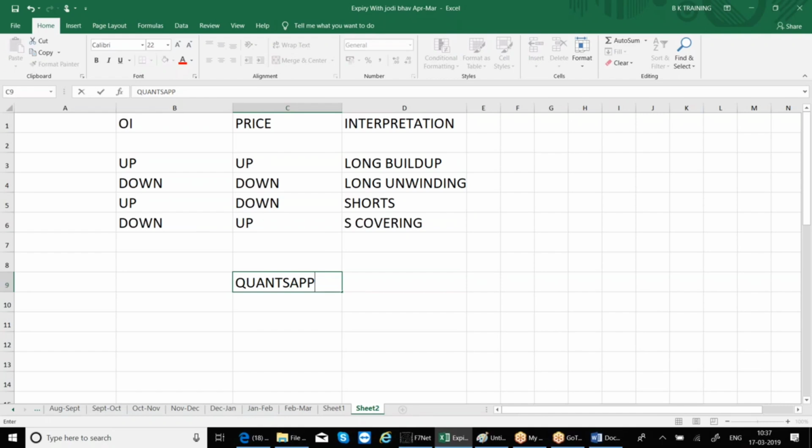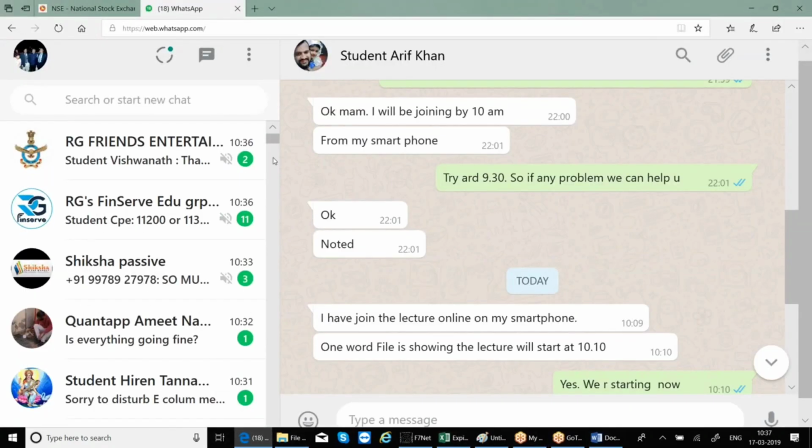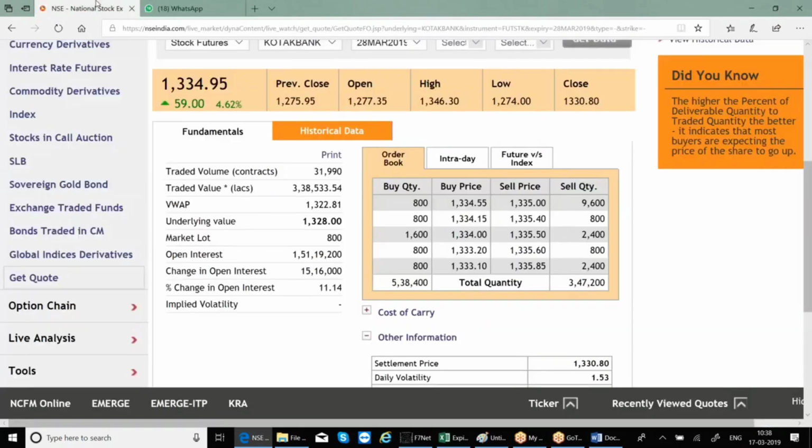How to see it otherwise, I will show you. I will take you all to go to home page.